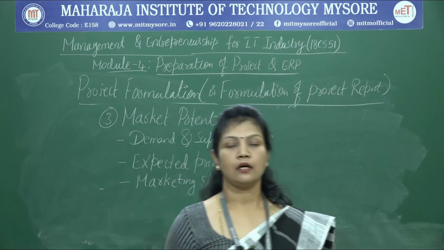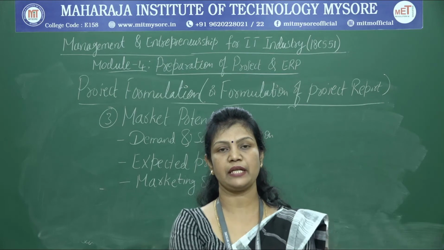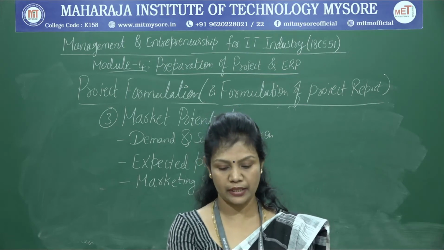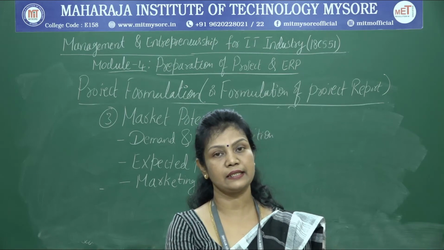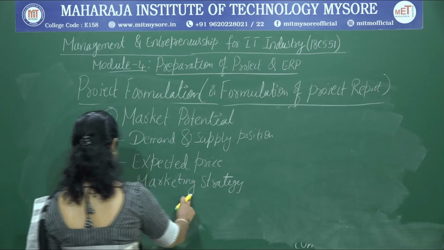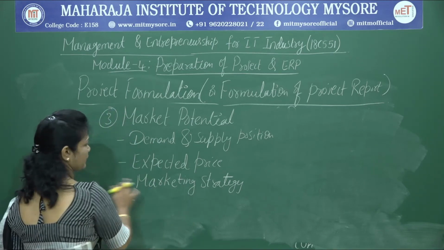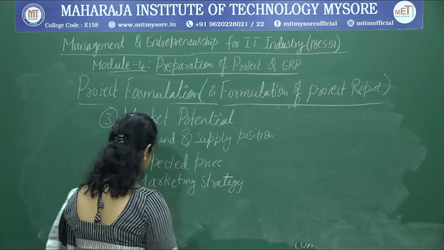So here, what are the different types of arrangements the organization has made in order to sell the company's product should be clearly stated in the project report under marketing strategy.